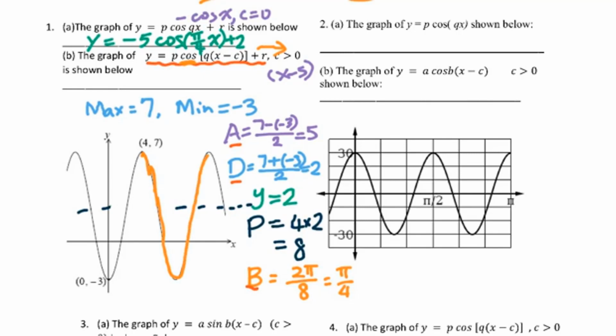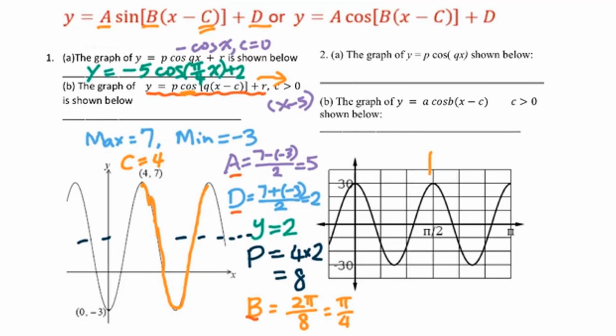For this pattern, the starting point is (4, 7), which means c equals 4. The x coordinate of a starting point equals c. A, B, D won't change. Therefore, I can plug into this function. This time, the pattern is a positive cosine x.